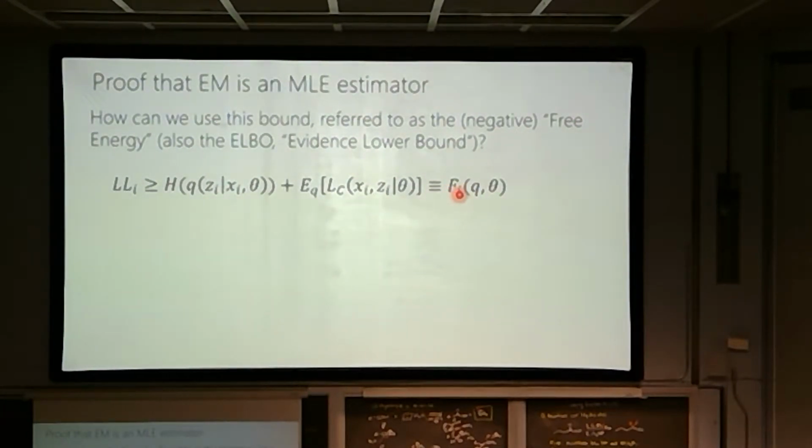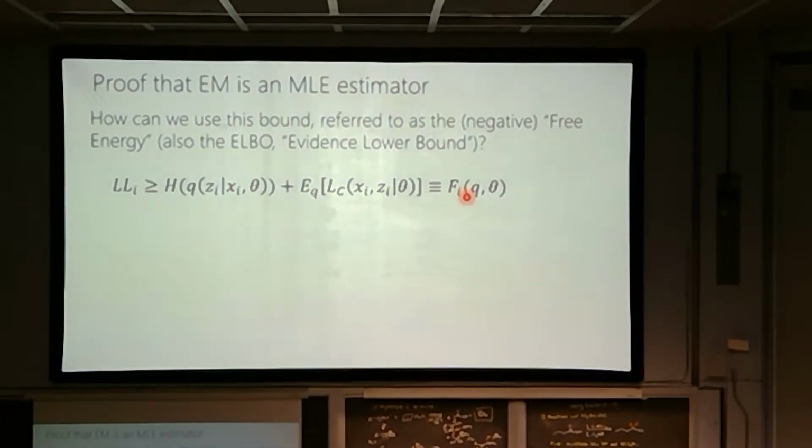So as long as we keep increasing F, and we keep setting Q equal to the posterior, then we're guaranteed to keep increasing the likelihood. And so that's basically, in words, how you get to the fact that this is always increasing the likelihood, and therefore, once it converges, you've arrived at a local maximum and done maximum likelihood estimation.